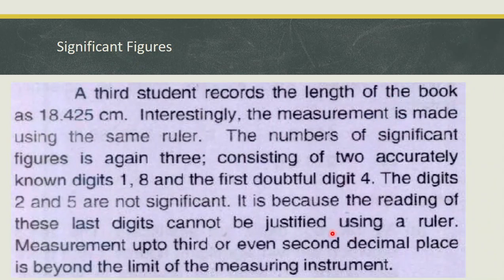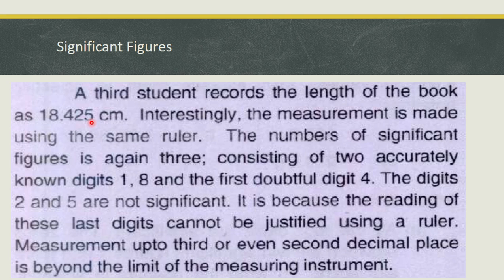Now a third student records the length of the same book as 18.425 centimeter, and you see, he or she made this measurement with the same ruler. The number of significant figures is again 3, as we discussed earlier, because a ruler can measure only 1/10 of a centimeter, not 1/100 or 1/1000 of a centimeter.